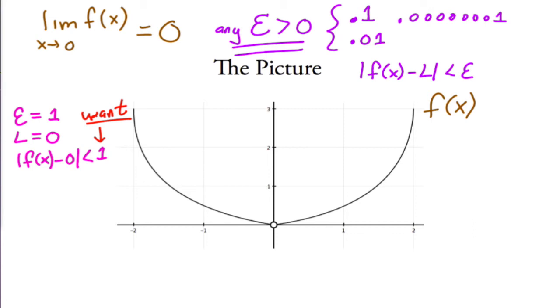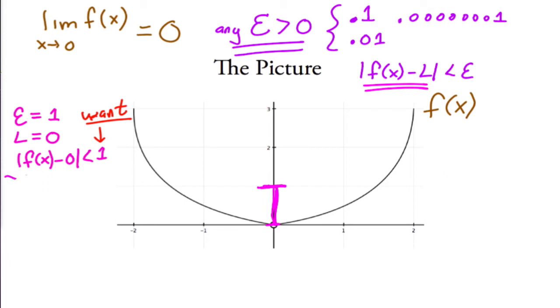Now, here, f of x minus L, this is the distance from your function to the value. So here, for example, if I want this to be less than 1, what I'm looking for is I want it to be less than that much from here to here.